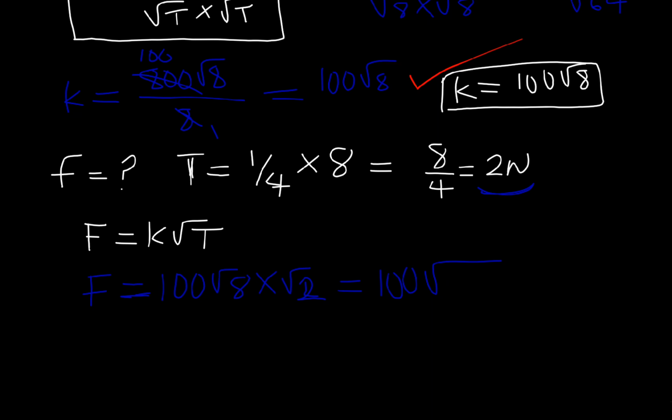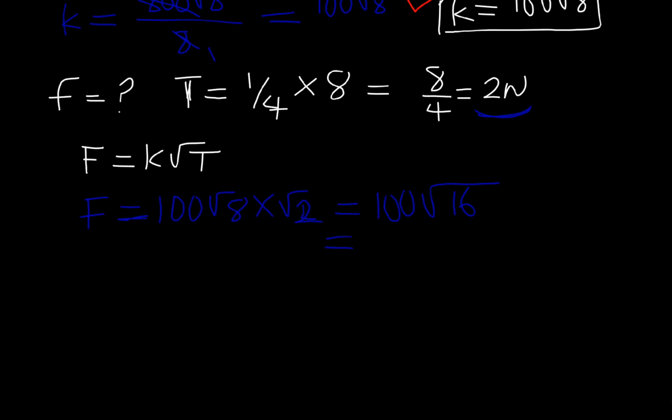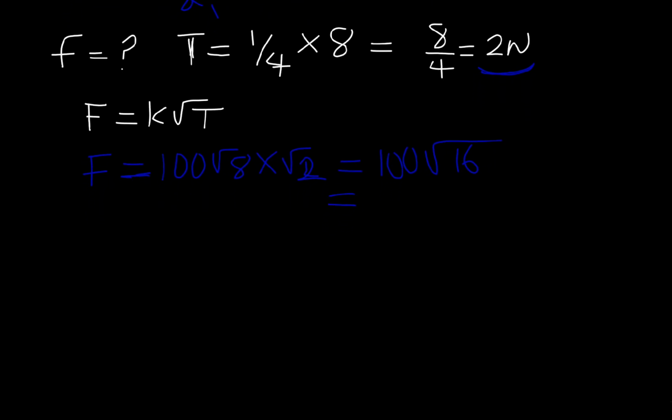So 2 times 8 is 16, and this would be 100 times the square root of 16, which is 4 times 4, and our frequency would be 400 hertz.